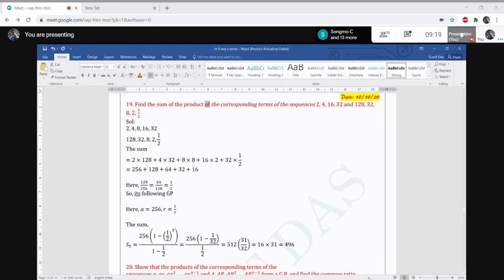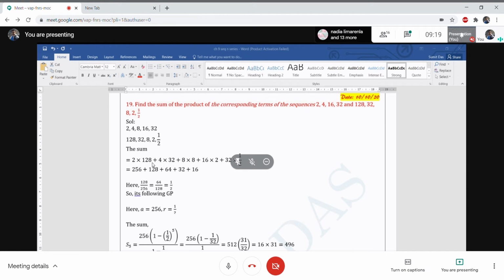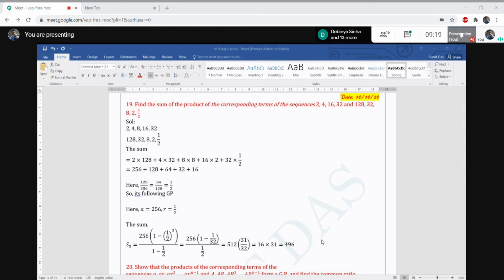So we did 2 into 128, then 4 into 32, then 8 into 8. 8 is the third term in both GPs. Then 16 into 2, then 32 into 1 by 2. So 128 into 2 is 256, 4 into 32 is 128, 8 into 8 is 64, 16 into 2 is 32, and 32 into 1 by 2 is 16.